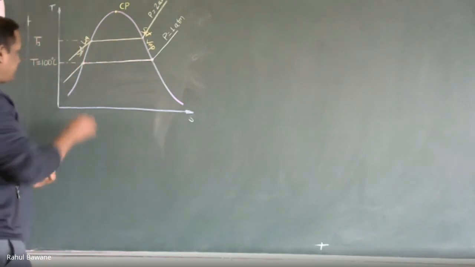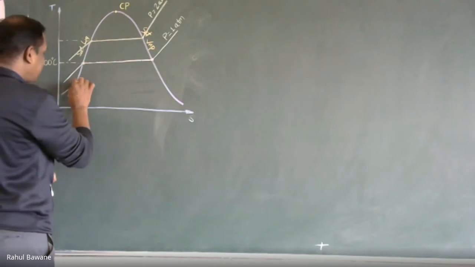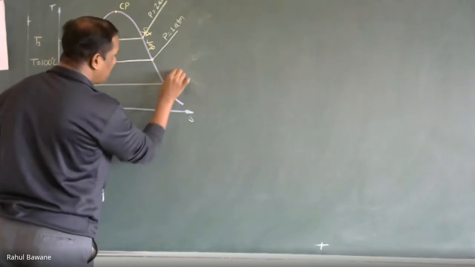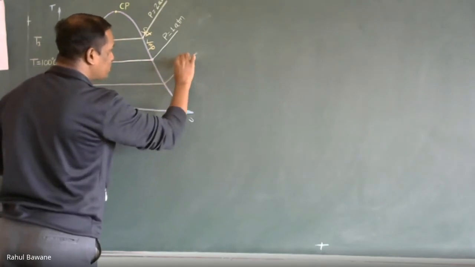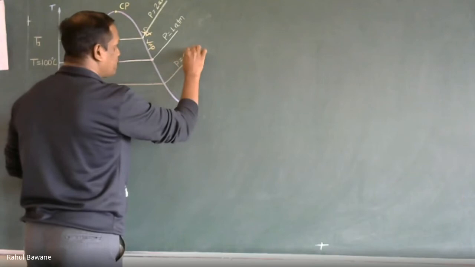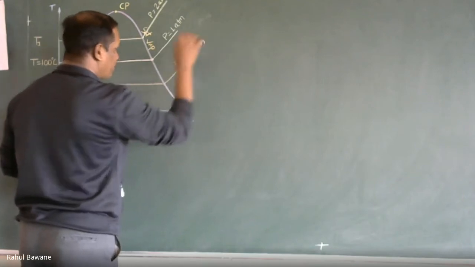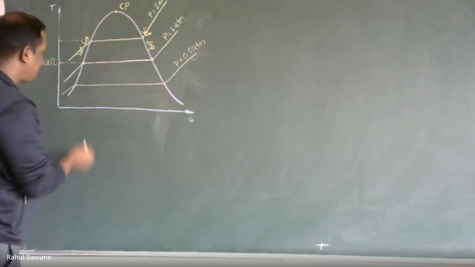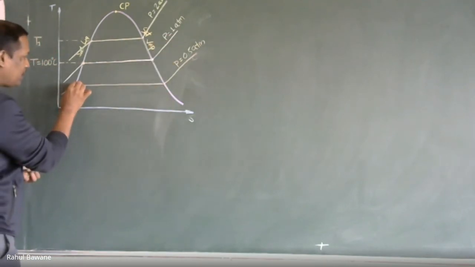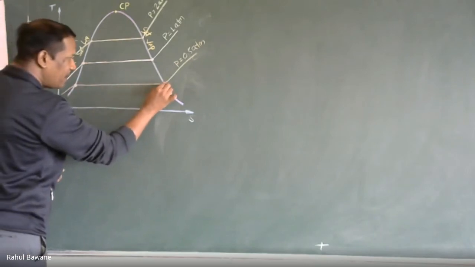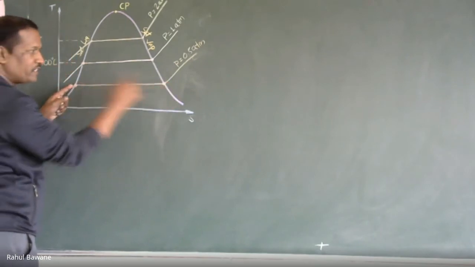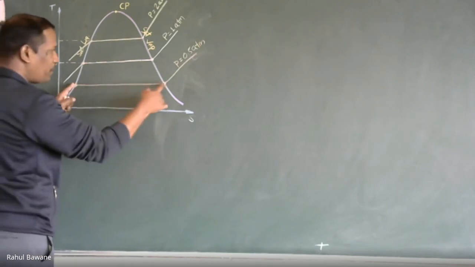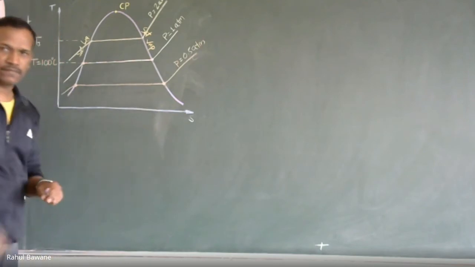So suppose I am using a vacuum pump and decreasing the pressure, and suppose this is the pressure line, P equals 0.5 atmosphere. As I decrease the pressure, I find that the total latent heat supplied for phase change, for converting saturated liquid to saturated vapor, is increased.